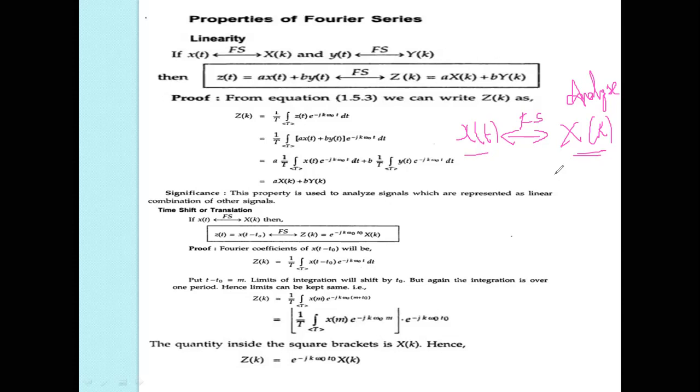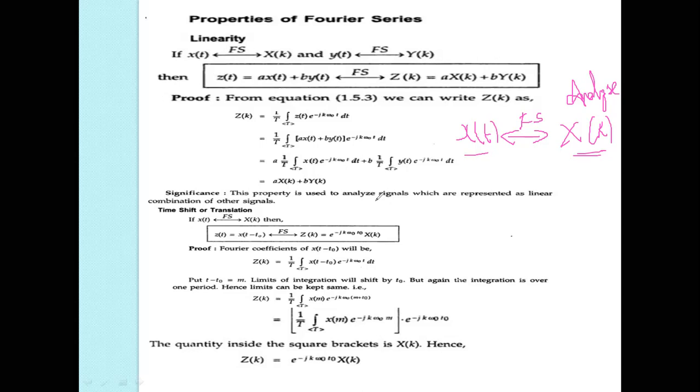The first property in the Fourier series, we already discussed this one, but again you can go for the first property, the linearity property. So x of t and x of k have the Fourier series relation, where x of t is a signal and x of k is a coefficient of the Fourier series.